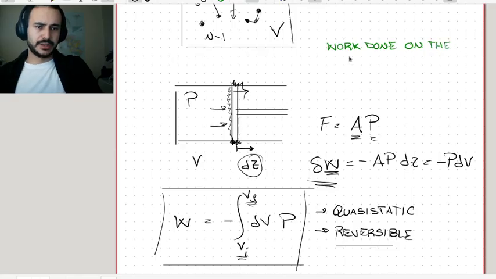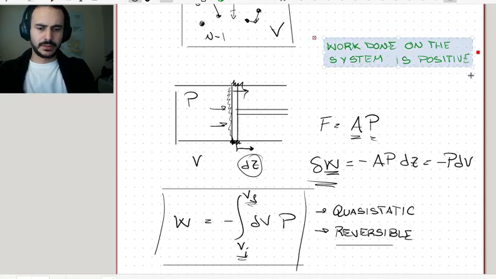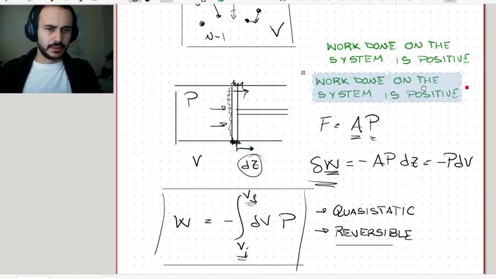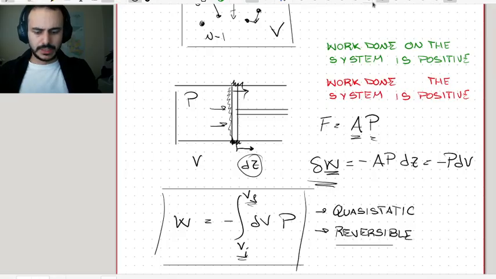In an expansive system, pushing the piston inside the cylinder means the work is always positive. And the work done by the system is always going to be negative. Let's change the color and write: work done by the system is negative.